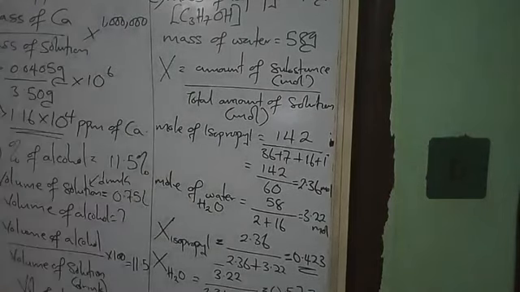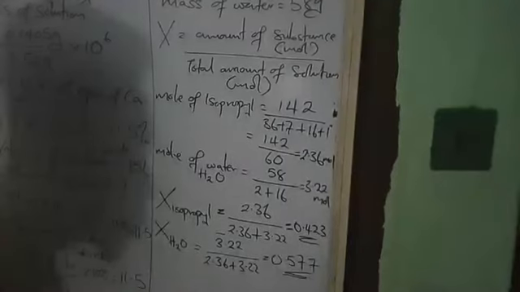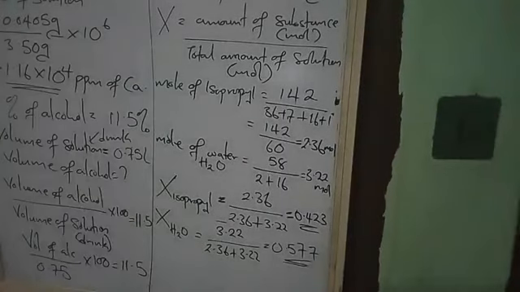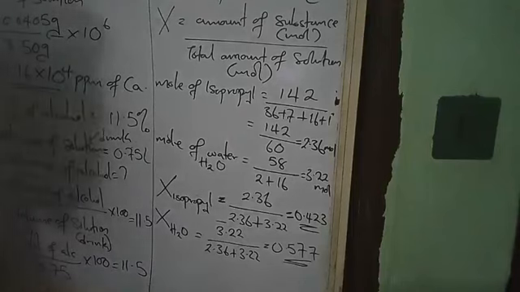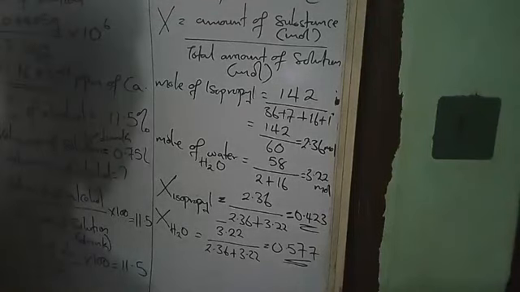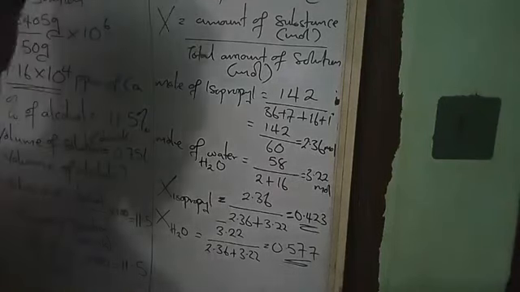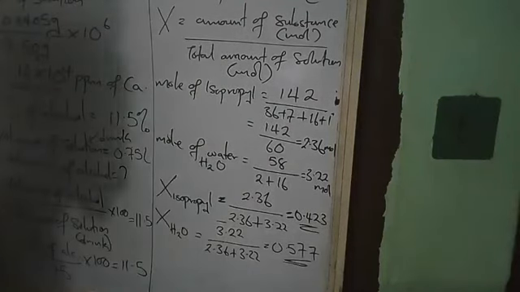That's the mole fraction of water. One thing you must take note of is that the sum of the mole fractions of all the constituents in a mixture must always be equal to 1. When you add the mole fraction of isopropyl and water, 0.423 plus 0.577, it gives you 1.